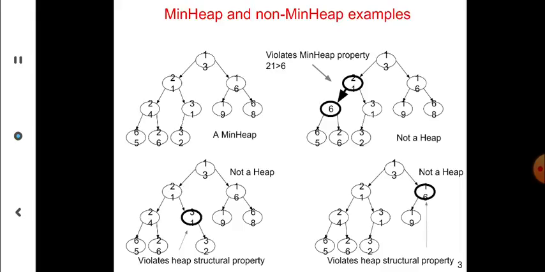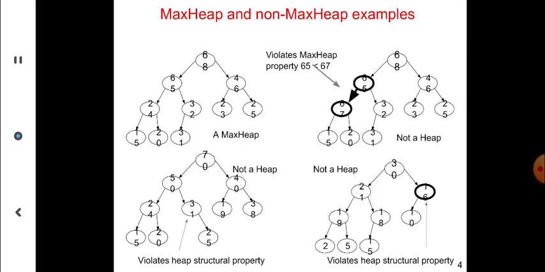Left to right must be the property, that's very important, and it also violates the structural property. MaxHeap is where the maximum number is at the root, so what we can see is the maximum number at the root, but likewise with MinHeap, you are violating the property of the heap.